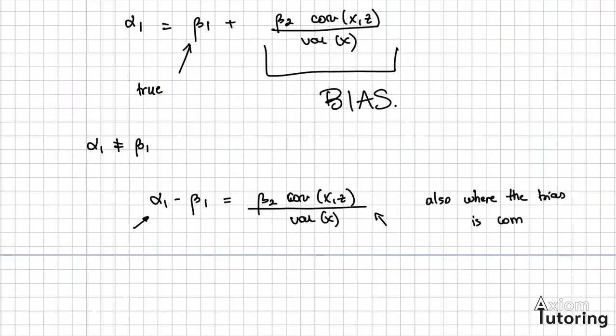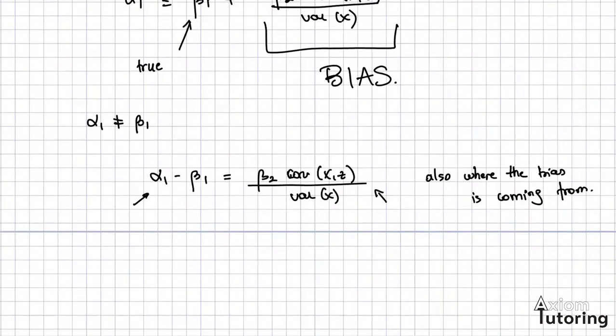Because notice very carefully, in your fraction in here, you've got covariance of x and z. So the bias is coming exactly because x and z are correlated with one another.